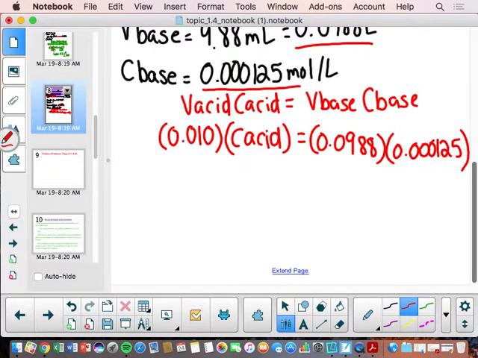Now what? Times the one on the right. Did you get an answer for that? I got 0.00001235. You got the 35?